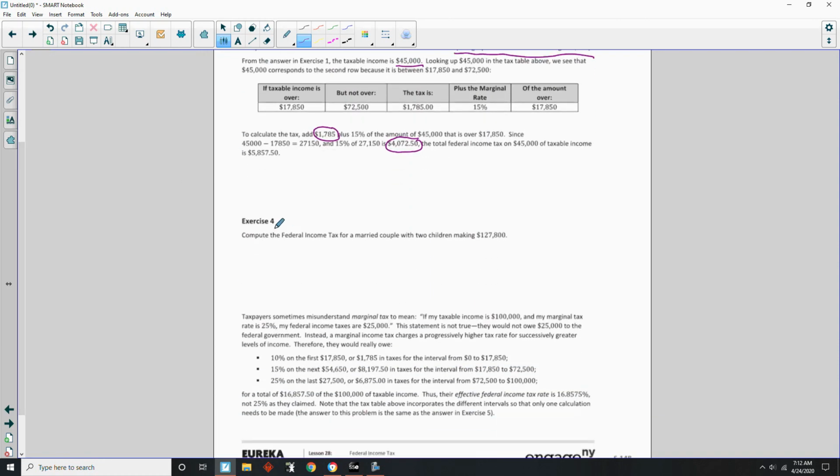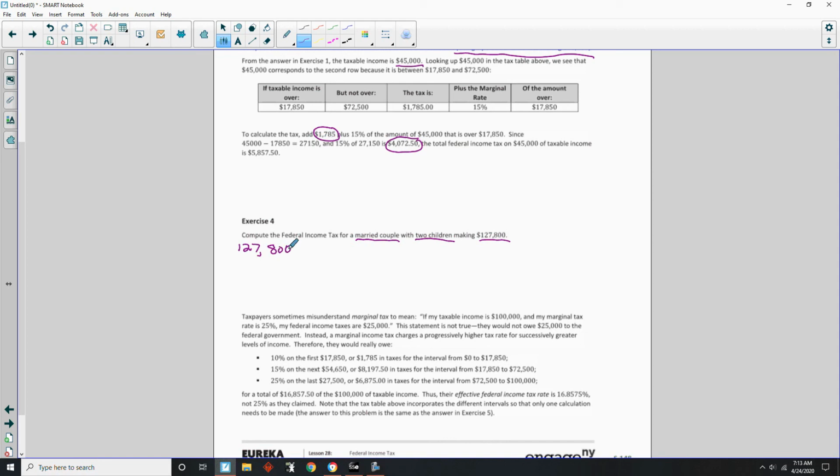Exercise 4 now says compute the federal income tax for a married couple with 2 children making $127,800. So they're married, 2 children, making $127,800. The first thing I need to do is compute how much taxable income they have. So their income is $127,800.